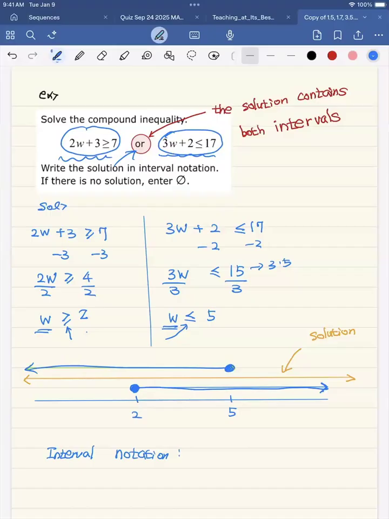So instead of thinking about the common part of the two solutions, we have to combine the two solutions. When we combine those, we realize that it generates the whole real number line. If we want to express that with interval notation, then open parenthesis, negative infinity, comma, infinity, close parenthesis.